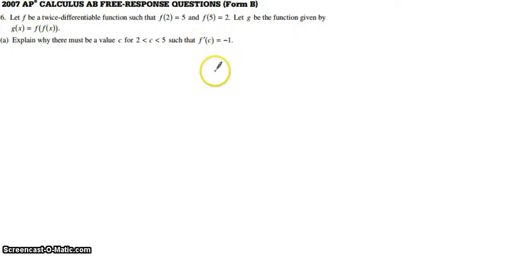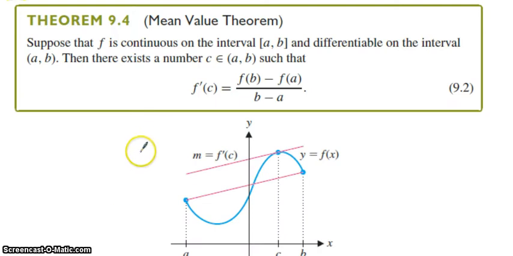So if you think about where we've seen this f prime of c business before, in the mean value theorem, f prime of c is the left-hand side of the conclusion of the mean value theorem. So what the mean value theorem said was if our function is continuous and it is differentiable, which just means the slope of the tangent line exists everywhere on the interval from a to b, then there's some number c in between a and b.